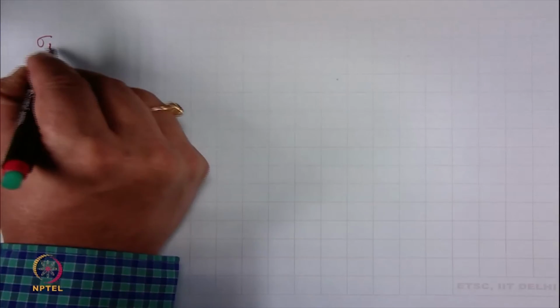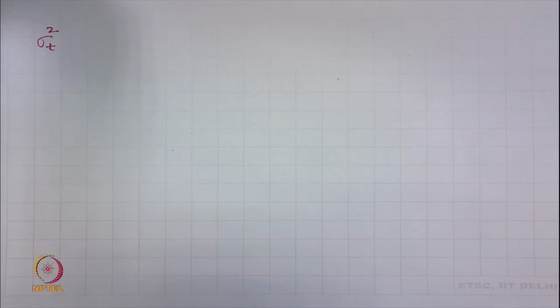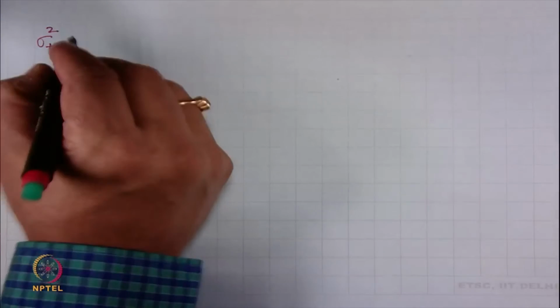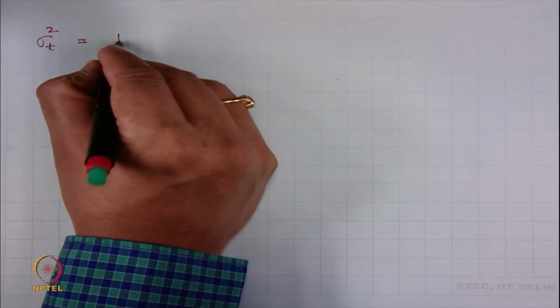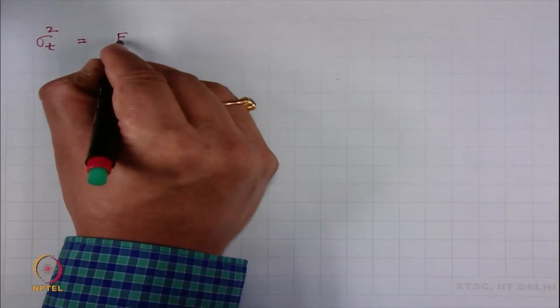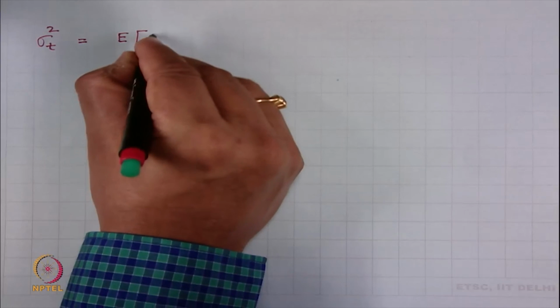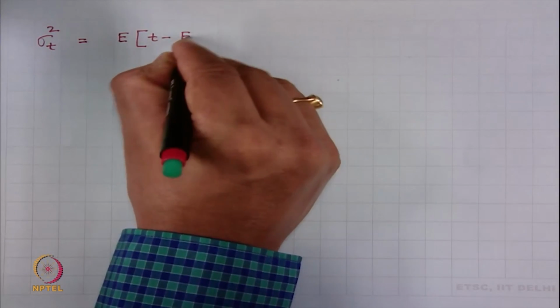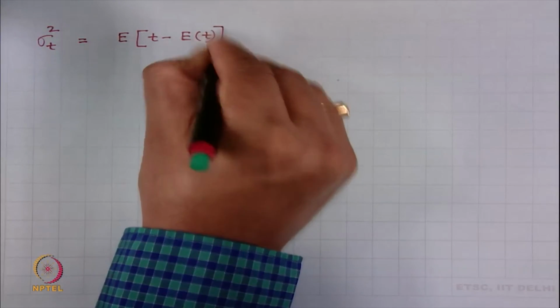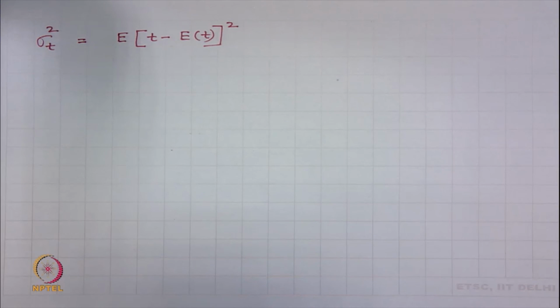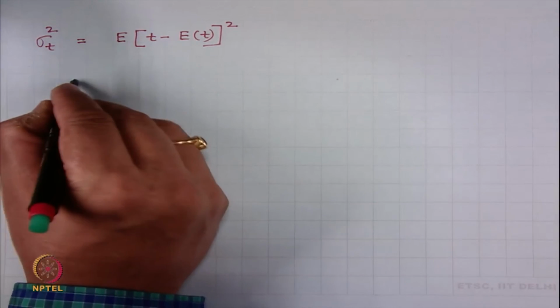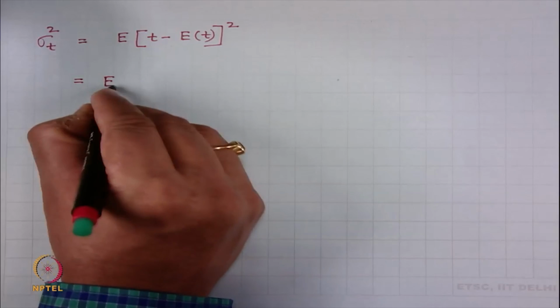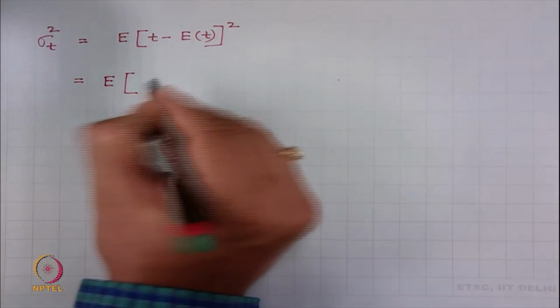Variance is sigma t square, right. So, what is this sigma t square? Sigma t square is expectation of t minus mean of t, squared. So, this is the definition of variance. So this we substitute, what is your t?